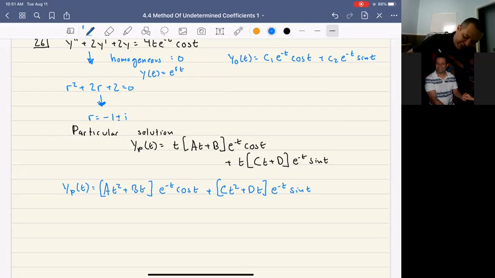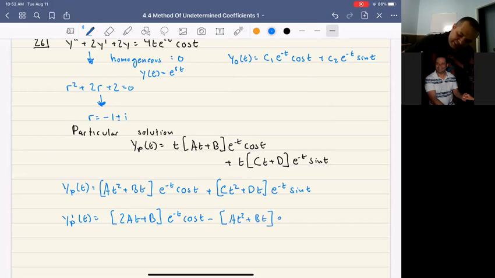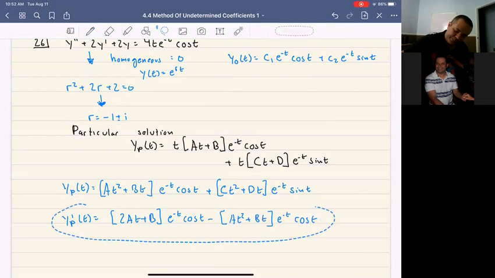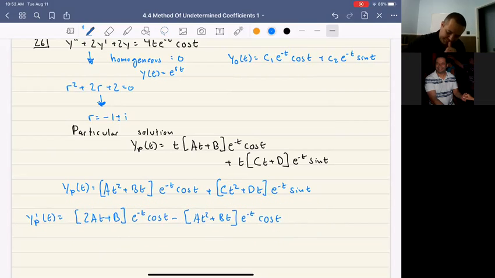Okay, let's take yp prime. yp prime of t is going to be (2at plus b) e to the negative t cosine t minus (at squared plus bt) e to the negative t cosine t minus (at squared plus bt) e to the negative t sine of t.